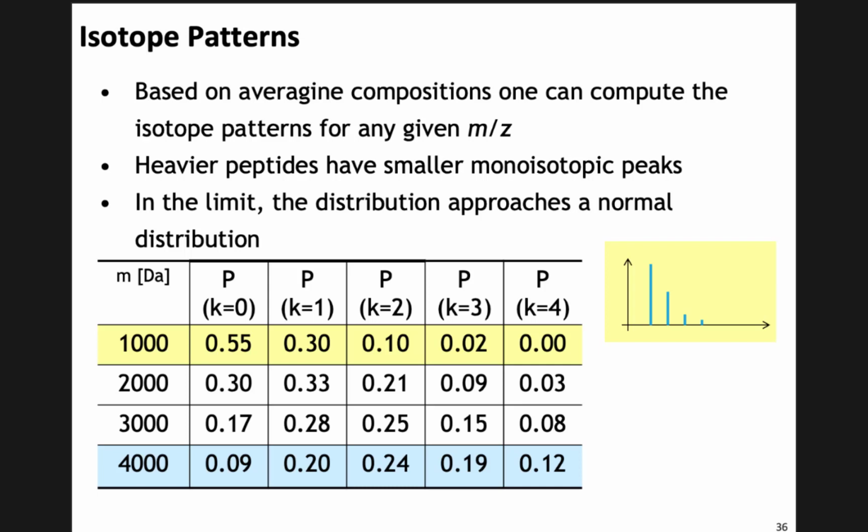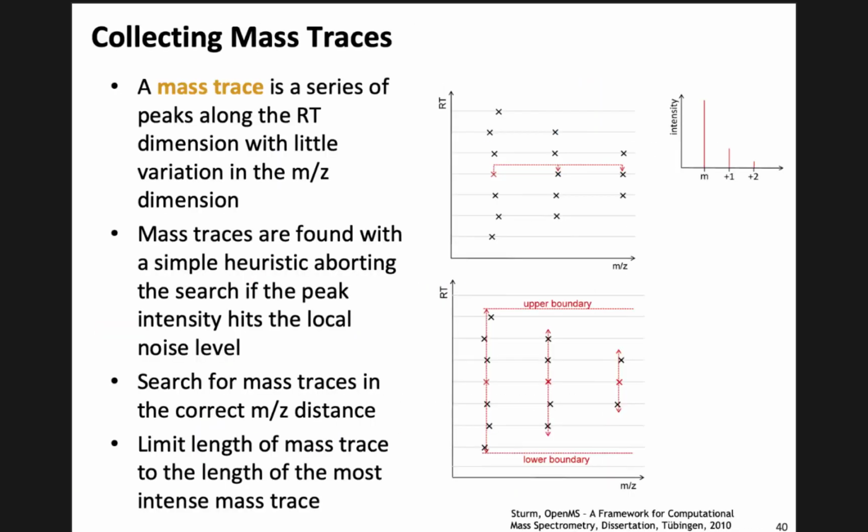Could you speak up a bit? Yeah. These guys on the +1 +2, they tend to hit the noise earlier than the more intense peaks. Yeah, so that's what's happening.